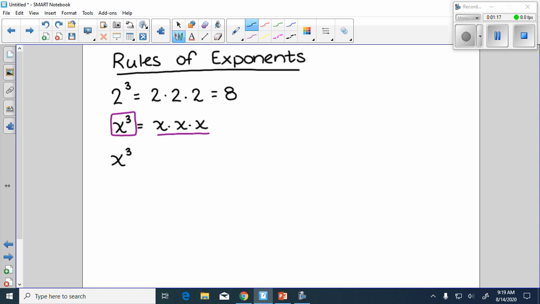So maybe I'm asked to multiply x cubed times x squared. Again, just for this example, there's my x to the third, and if I'm supposed to multiply it by x squared, if we start counting up all of the x's, it looks like I have x times itself 5 times.